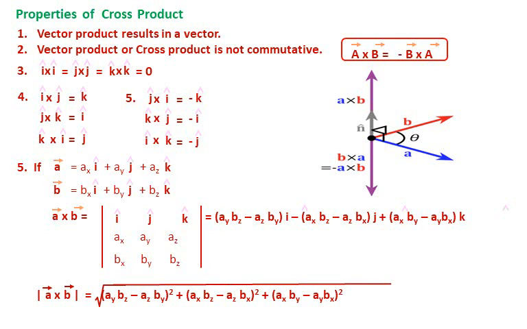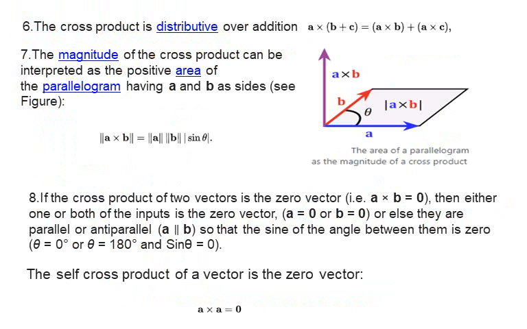And the magnitude will be given by this equation. The cross product is distributive over addition, meaning A cross (B plus C) will be equal to A cross B plus A cross C vector.